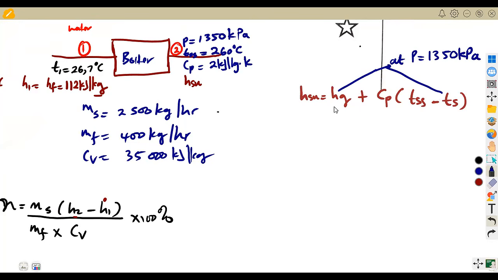We are supposed to have the value of Hg there. TSS and CP, we're given these values here, so just going to substitute them. So that is going to give us H sup.